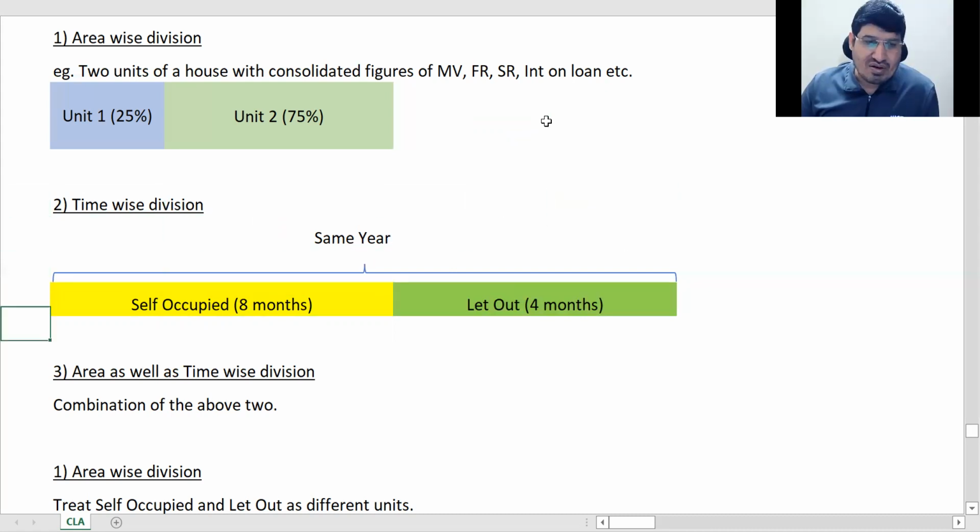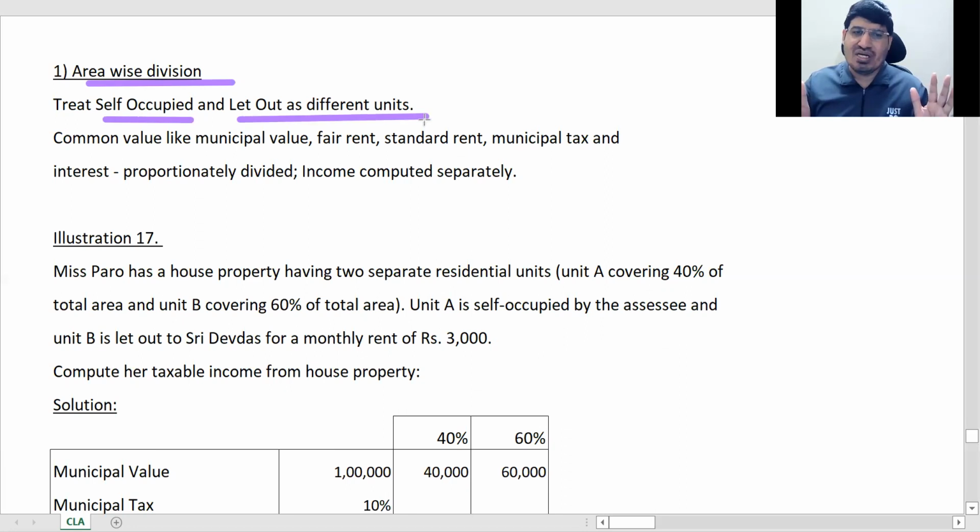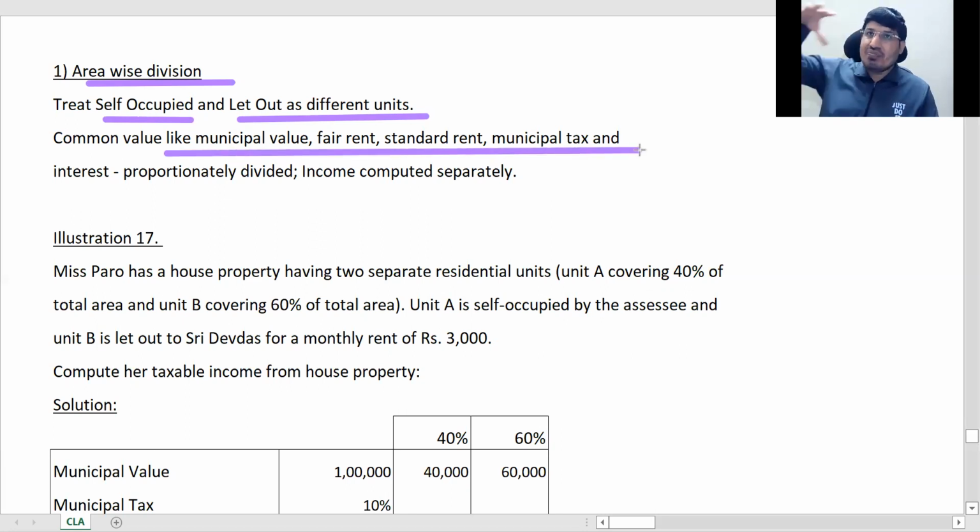So right, तो ये है अकाउंट. तो अब चलो हम देखते हैं आगे थोड़ा, let's further this discussion. Now area-wise division, treated self-occupied and let out as different units. For area-wise division, just don't worry, whatever is self-occupied take it as self-occupied, let out take it as let out, simple thing, no problem. Common values like municipal value, all these things you will have common values, because from an external point of view it's one house, internally you have divided it.